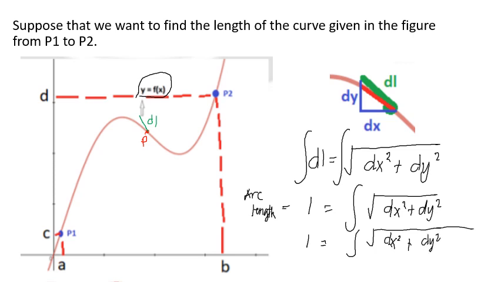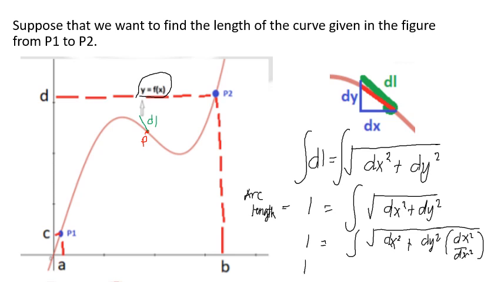Then I need to multiply it by dx squared all over dx squared, right? Because, again, there will be a function of x here. So there is a change in terms of x. So we could factor out dx squared here.